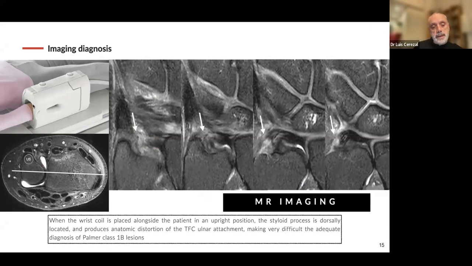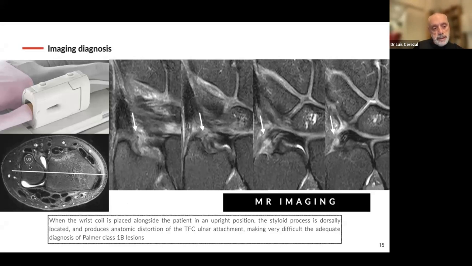Usually the manufacturers say that this is the ideal position for the coil, but it's not true at all. This is the origin of a lot of false positive and false negative diagnoses of TFC injuries.